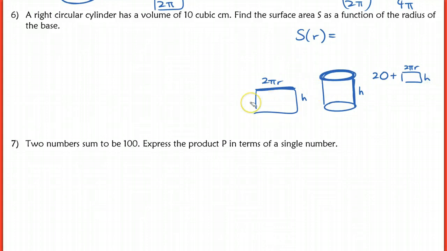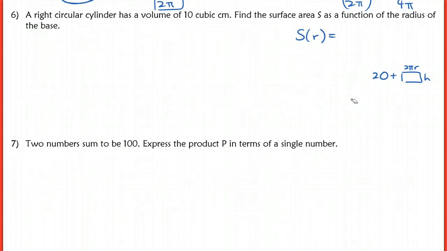So the surface area would be, since we have 2 circles, 2 times pi r squared plus 2 pi r times height. That gives us the area of this rectangle.